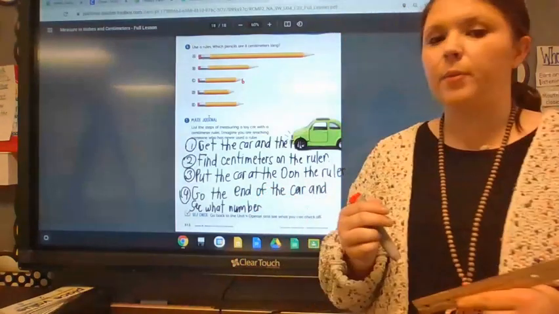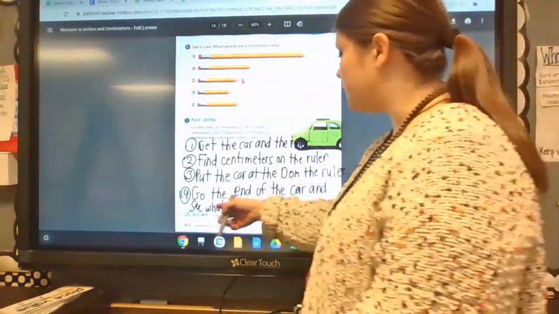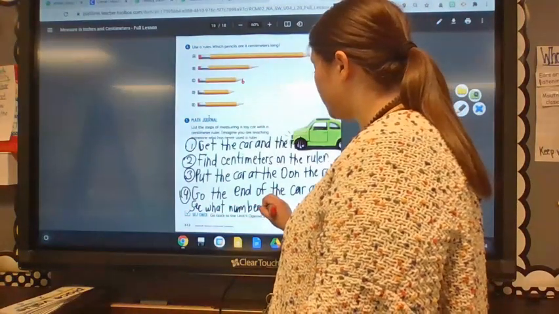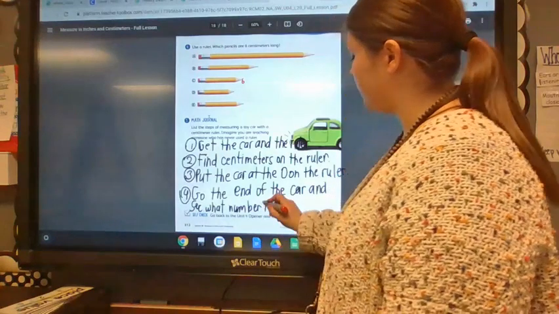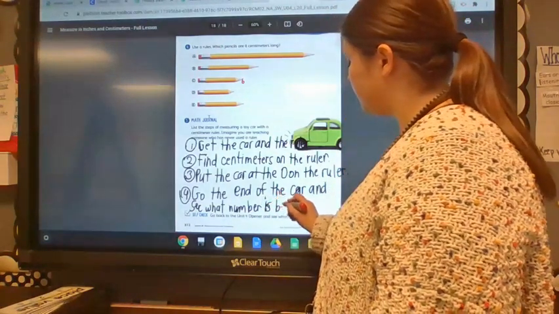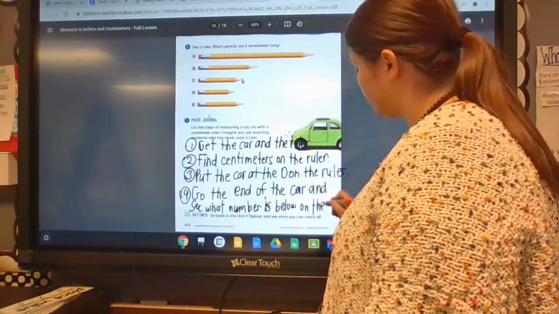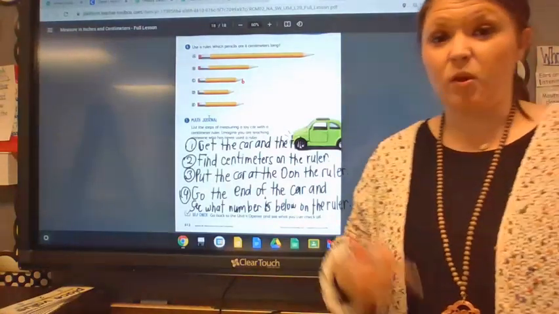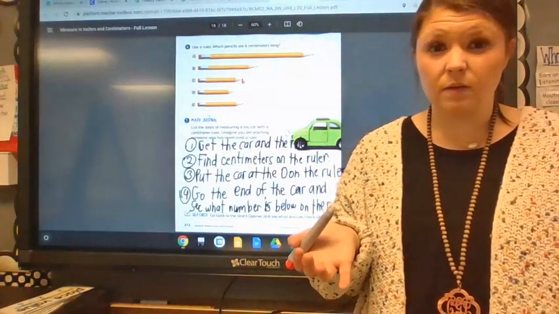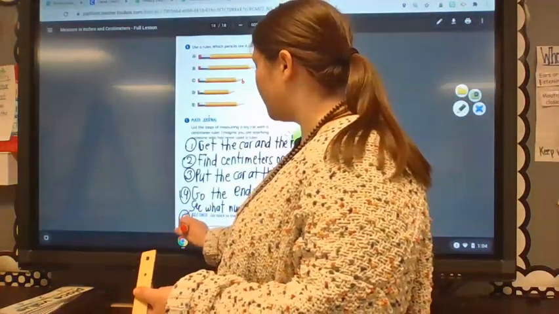I'm going to say see what number is below on the ruler. That way it gives somebody more direction. See what number is below on the ruler. Okay? Do we know how long it is now? Yeah, so now you know how long the car is.